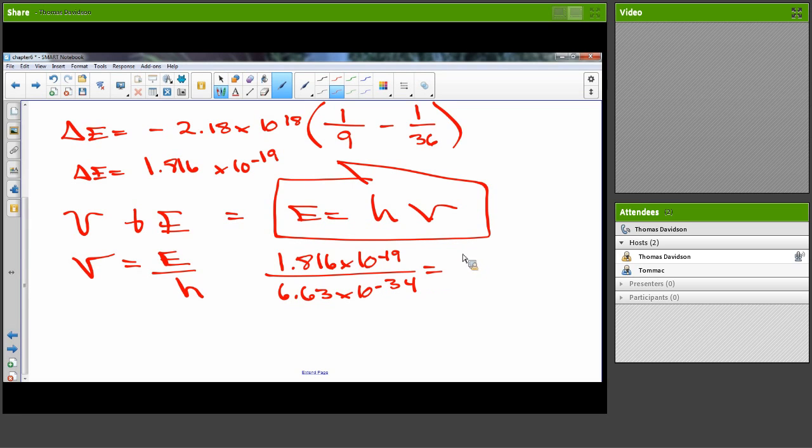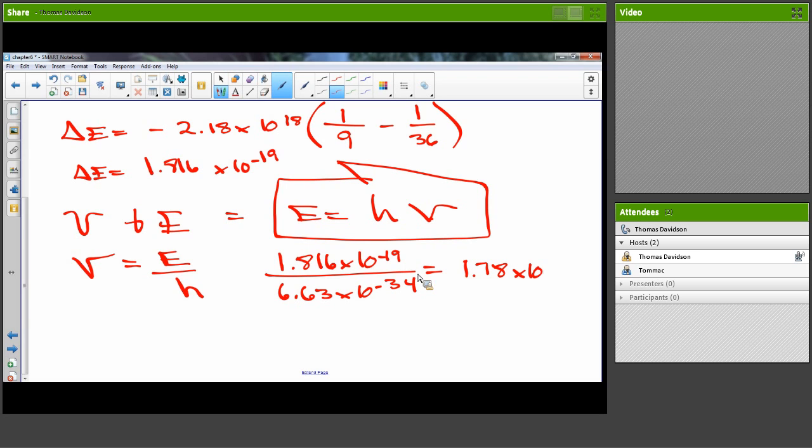What's the frequency equal to? Times 10 to the negative something? Negative what? Actually, it should be a positive. If you got a negative 54, you got to parenthesize something.